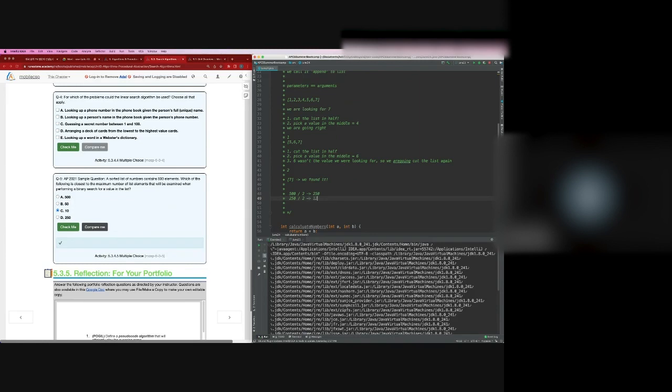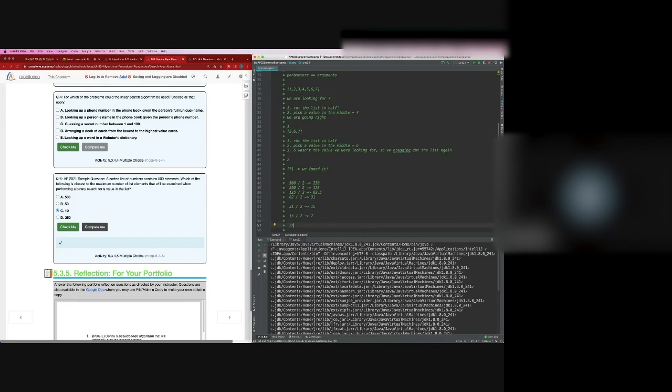It gives you 125, and if you divide it, you get 62.5, and 62 divided by 2 is 31, and 31 divided by 2 is roughly 15, and 15 divided by 2 is 7, and 7 divided by 2 is 3, and 3 divided by 2 is 1, right?